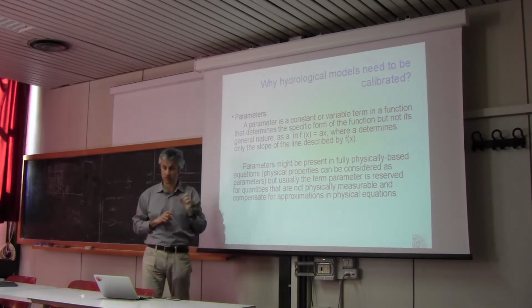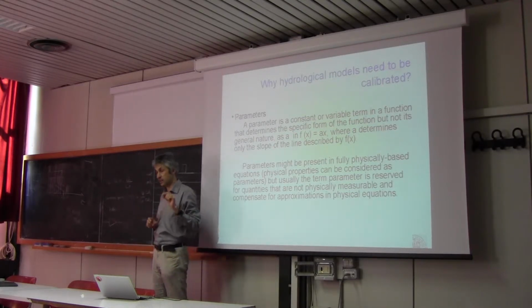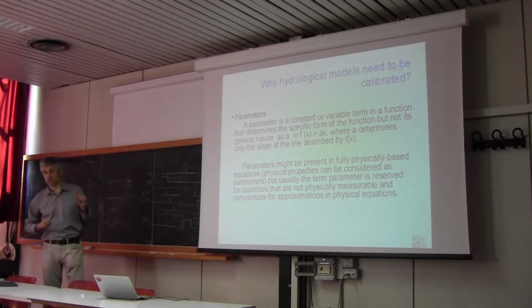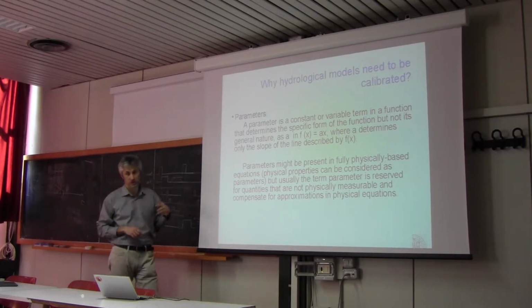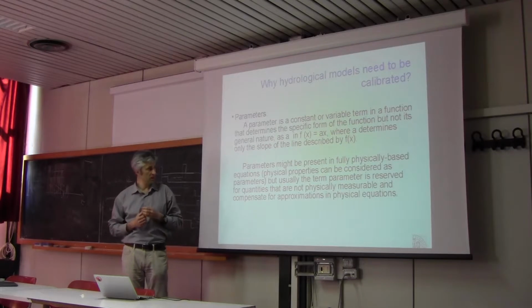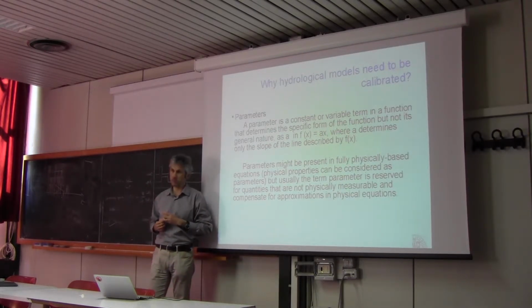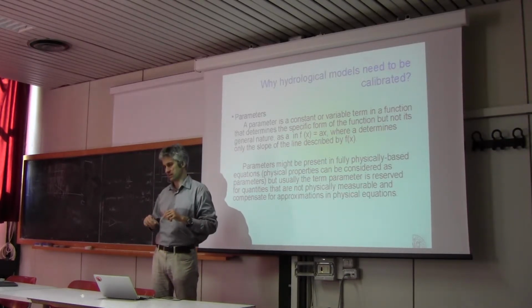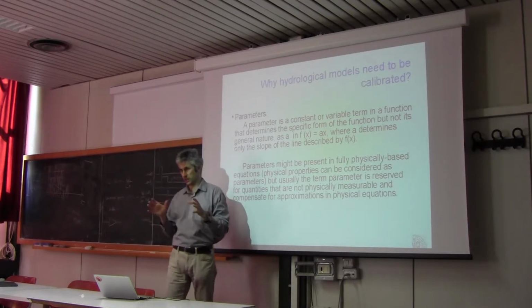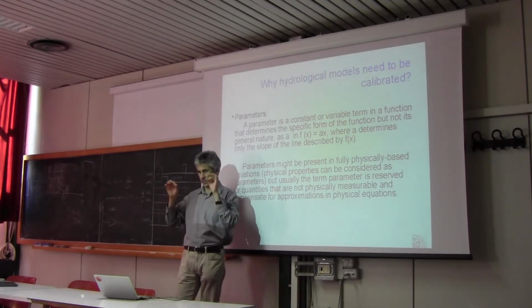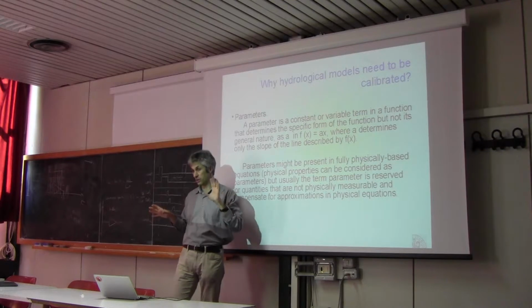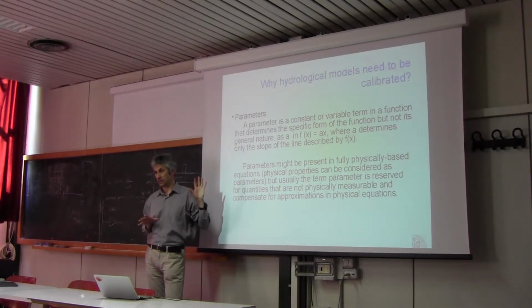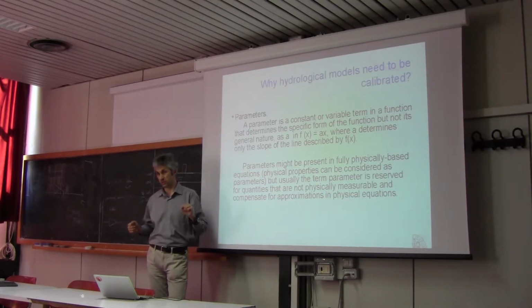It's a very good example, because what experience tells us is that if we try to guess the roughness, usually we don't get a good model response. So basically, in order to be clearer, if you have a quantity that has a physical meaning and the value is clearly defined, let me make the example of gravity, I wouldn't use the term parameter. A parameter is something that can be adapted through calibration.